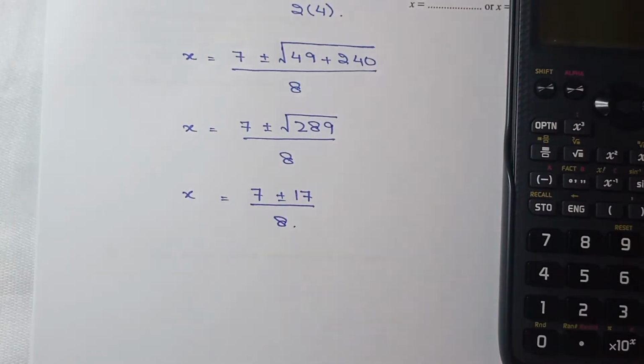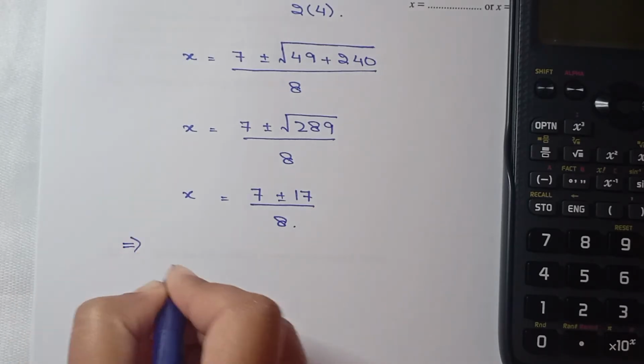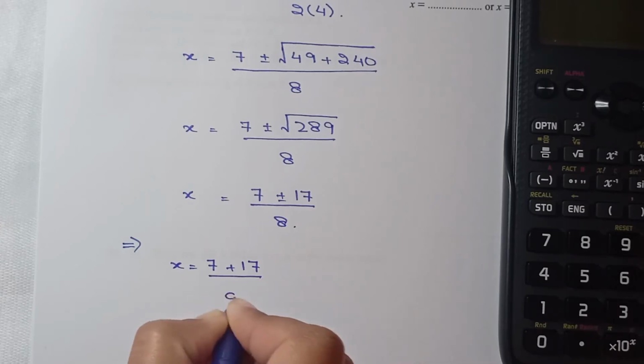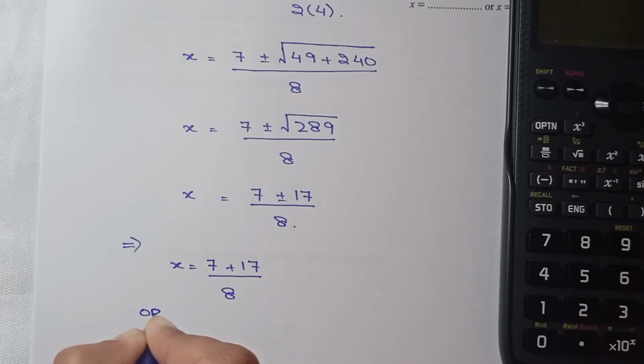Now we have two x values with a positive 17 and negative 17. So from here x is equal to 7 plus 17 over 8, or x is equal to 7 minus 17 over 8.